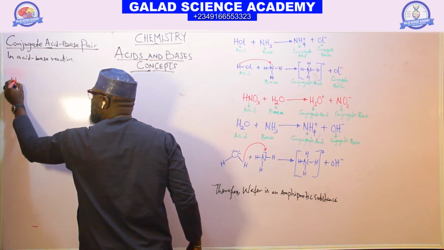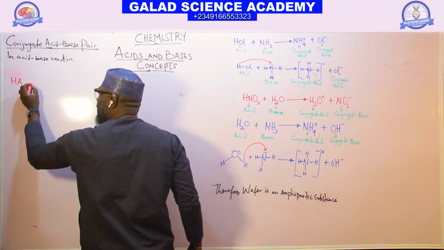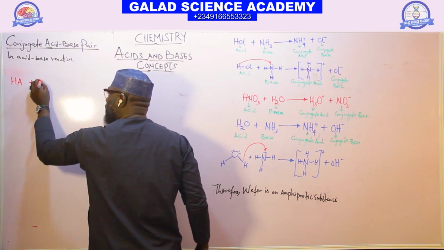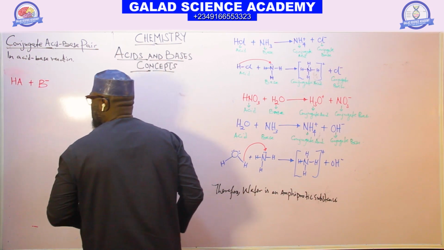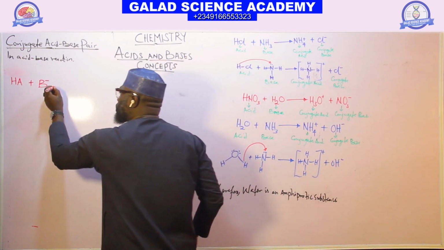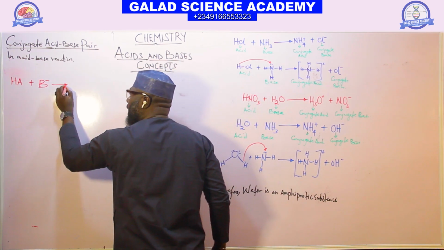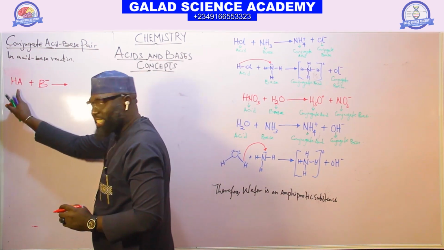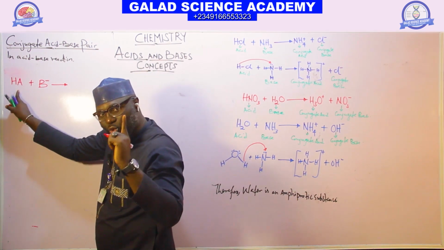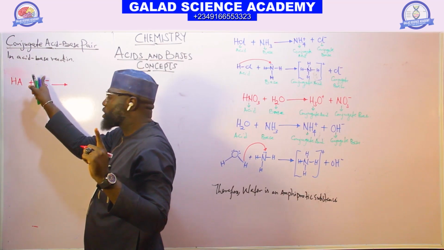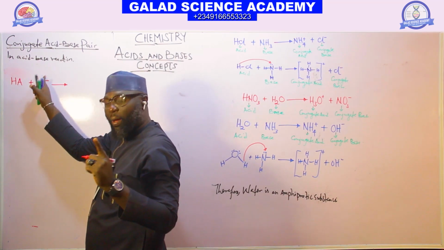We have HA reacting with the original base, B minus. When the two react together, this acid will release its proton to the original base.